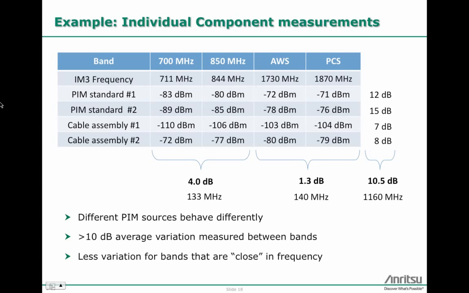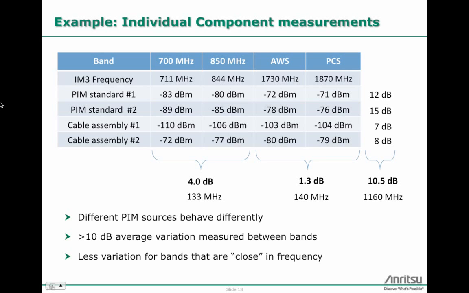And what this chart is showing is PIM measurements taken using 4 different test sets on 4 different components. 2 of them are PIM standards. In other words, they're devices that we used with the intent of trying to generate PIM. And 2 of them are cable assemblies, actually constructed using slightly different variations.